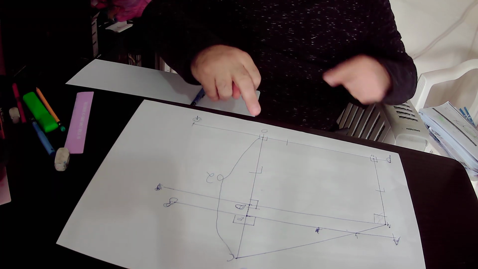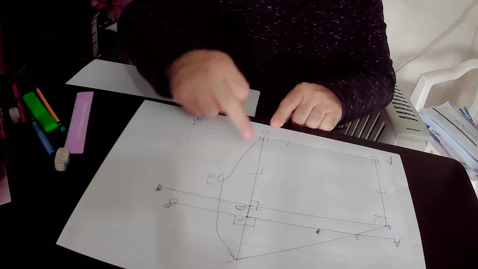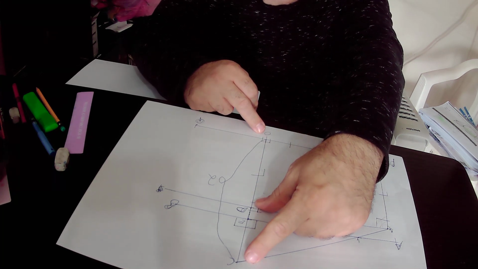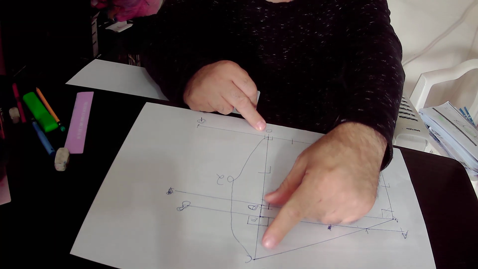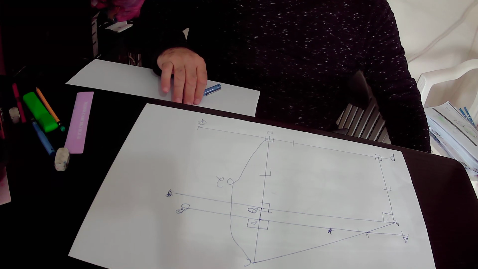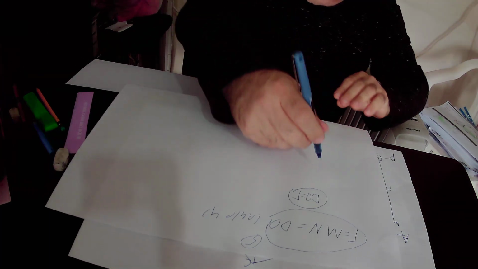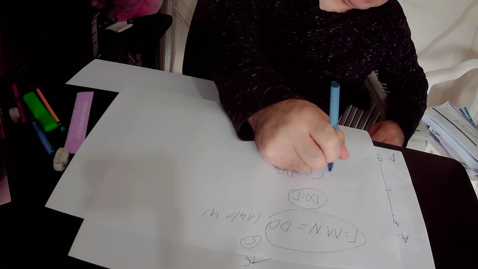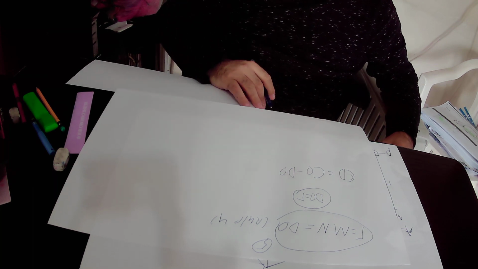And we also know that CO equals 2 units. So CO minus DO equals CD. From the drawing you can see that CO minus DO equals CD.